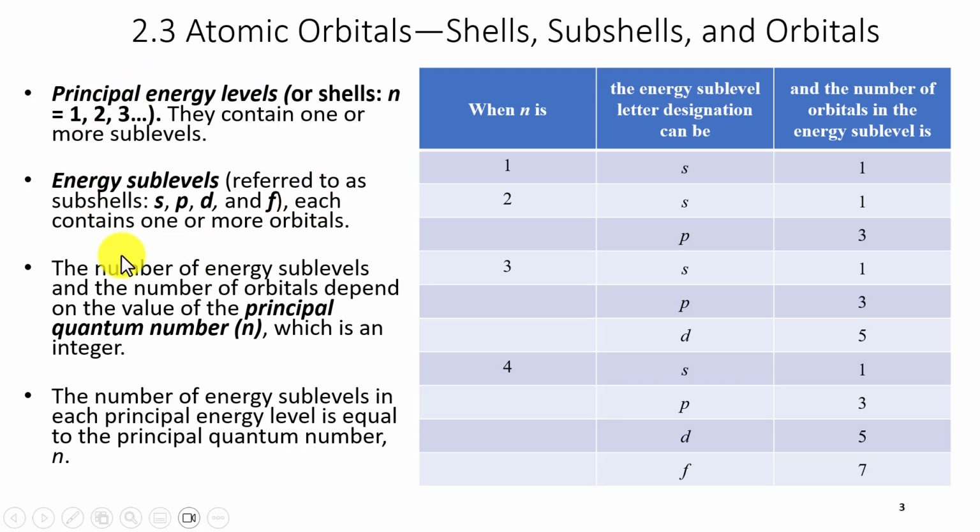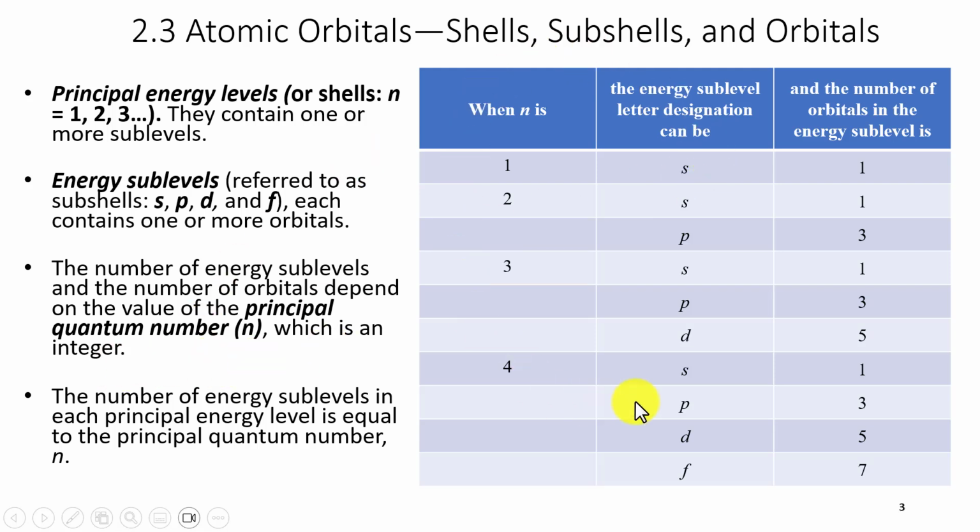Note that these are only areas of space where we have high probability of finding an electron. Nothing more. The number of energy sublevels and the number of orbitals depend on the principal shell number, 1, 2, 3, 4, 5, etc., that's an integer.